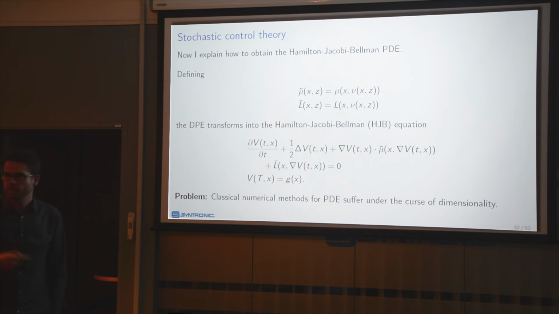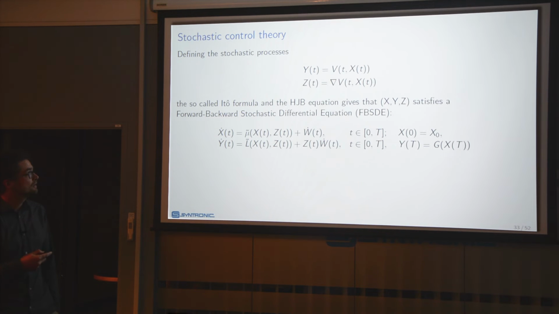One step further to actually being useful is that we formulate this in terms of a forward-backward stochastic differential equation. We do that by defining a stochastic process y, which is the value, that's the optimal cost, at time t evaluated in the state, and the same for a process z, which is the gradient of v.